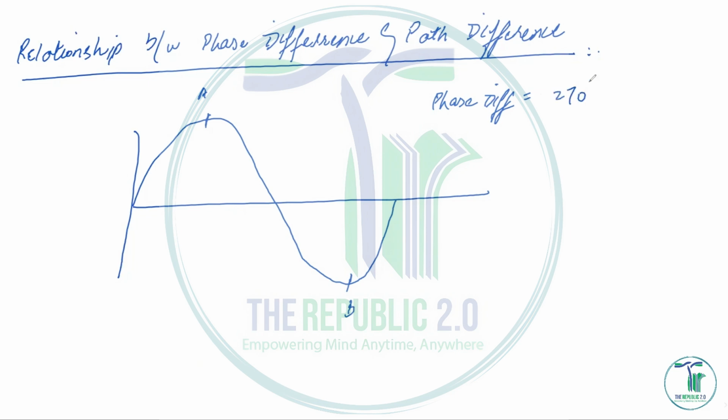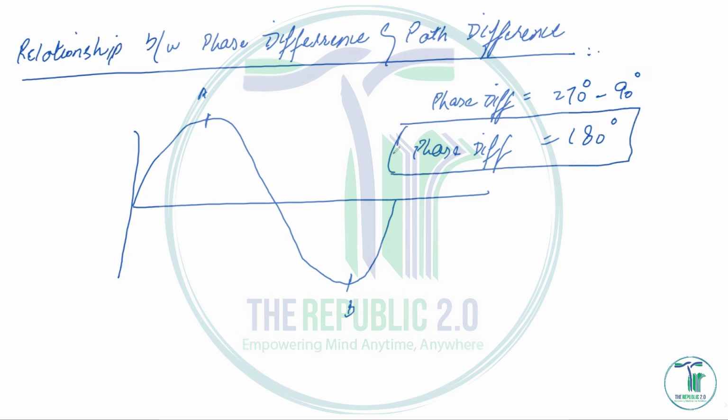So it is 270 minus 90, which comes out to be 180 degrees. That is how we calculate the phase difference, right?